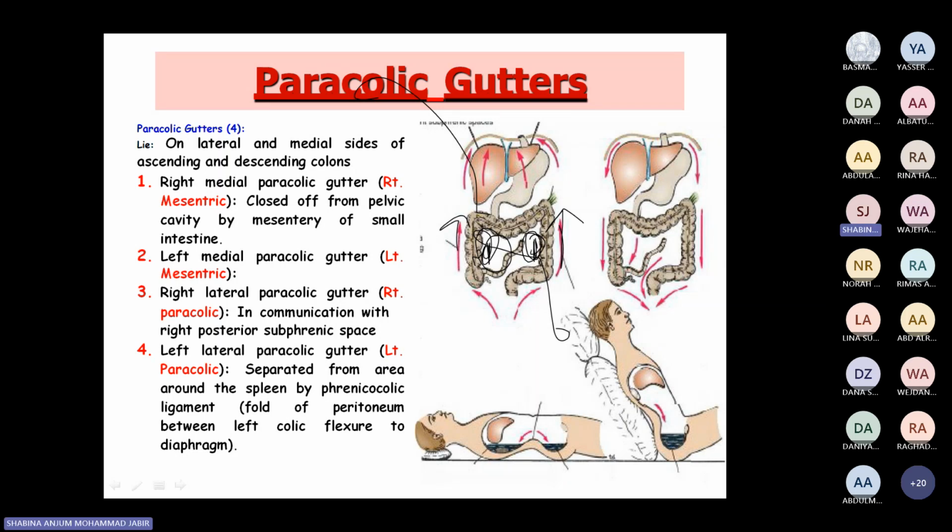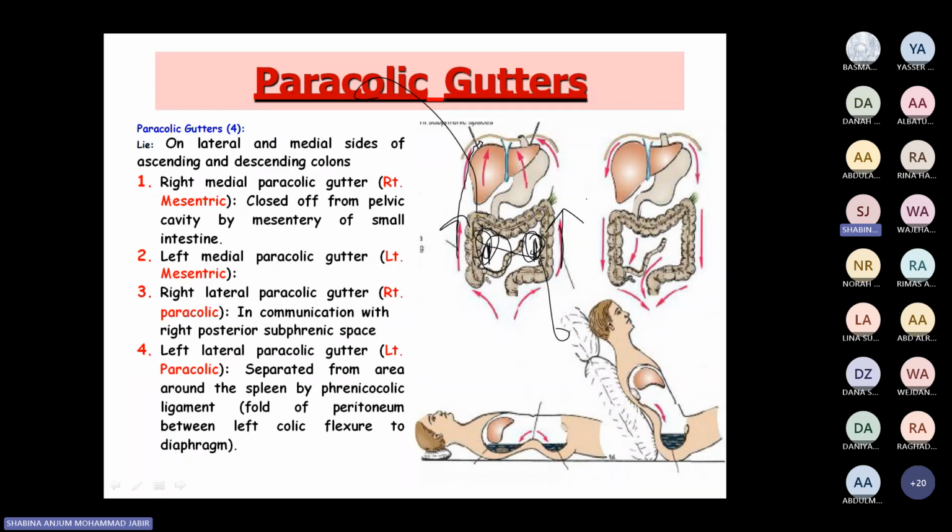But if you see the right lateral, you will find that it is in communication with the liver, with the subphrenic space. This is the subphrenic space because it is below the diaphragm. And if you see the left lateral, it is separated from the area of the spleen by the phrenicocolic ligament.